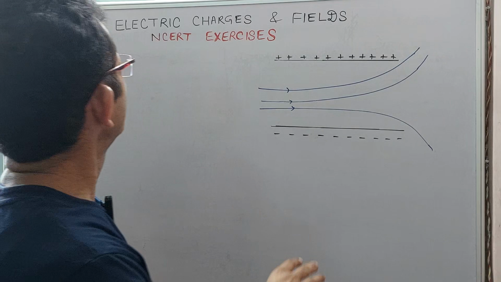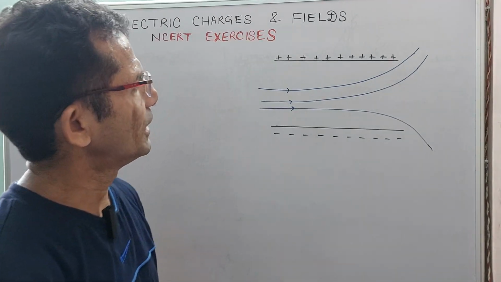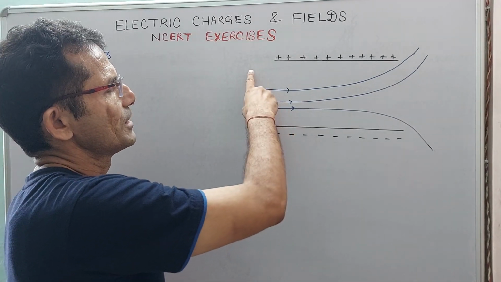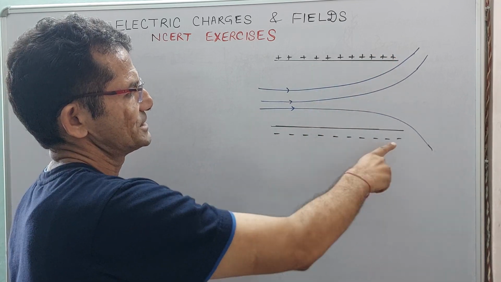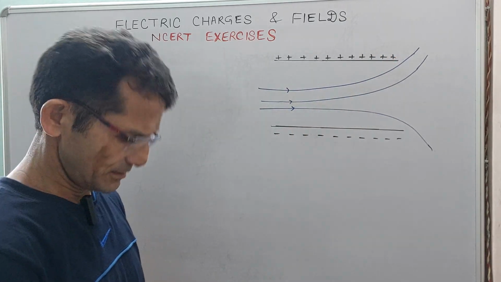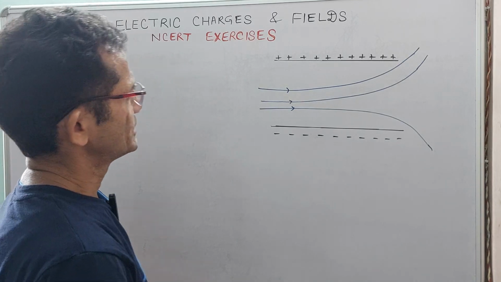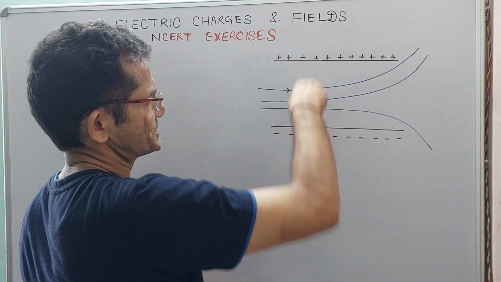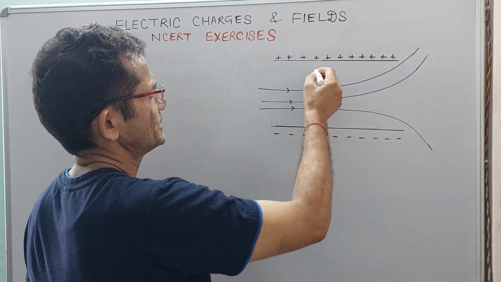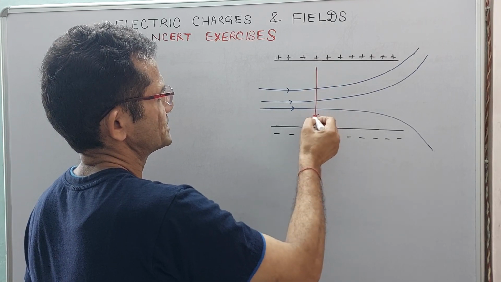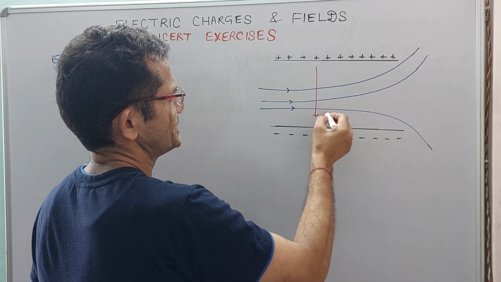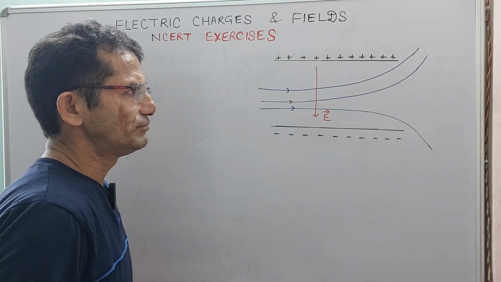Now in this question, a very good question, two charged plates, one given positive charge, another negative. So definitely there will be a uniform electric field from the positive plate downward. So this is the electric field between the plates, that will be uniform.